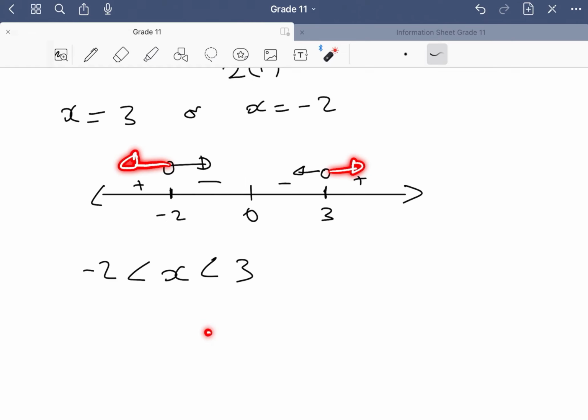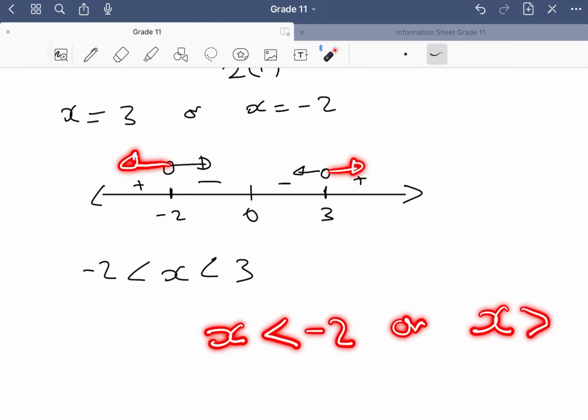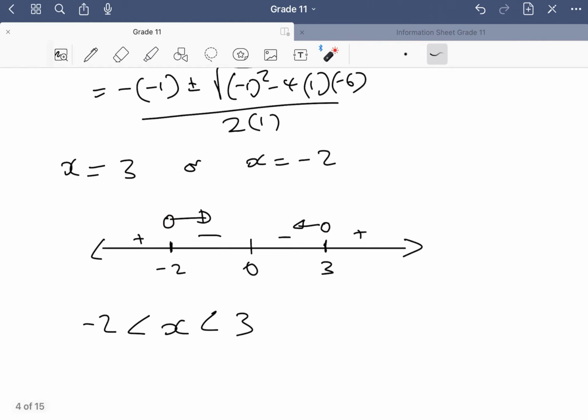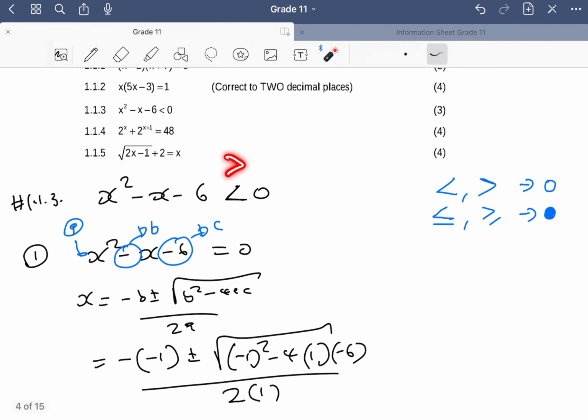So your equation will be x should be less than -2, or x should be greater than 3, if the equation was just greater than 0. That's how you would actually get your answer.